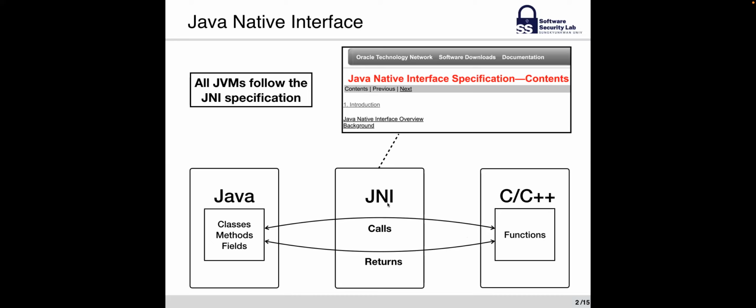JNI is very useful in developing an efficient program because native code like C is generally much faster than Java applications.